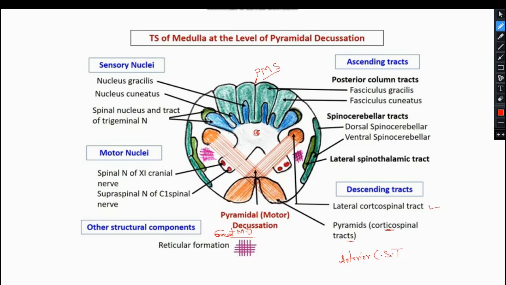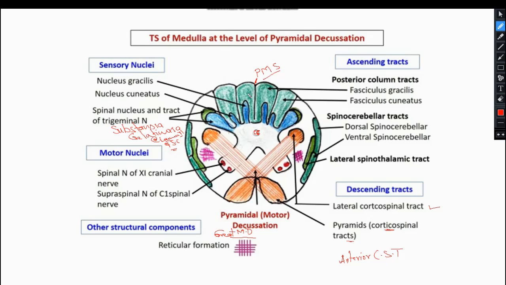This is connected by the substantia gelatinosa, which connects this trigeminal nucleus and extends further downward in the spinal cord at lamina 2 of the spinal cord.